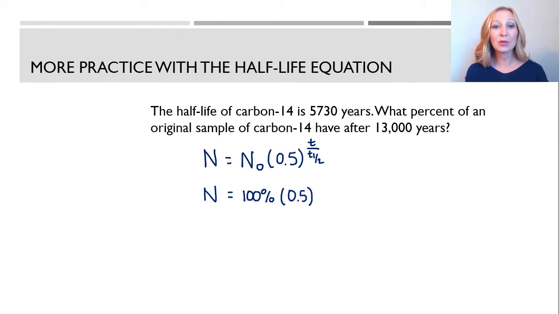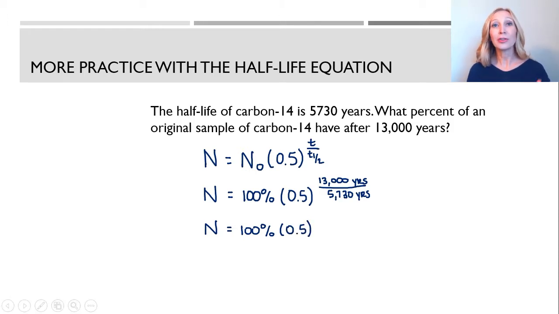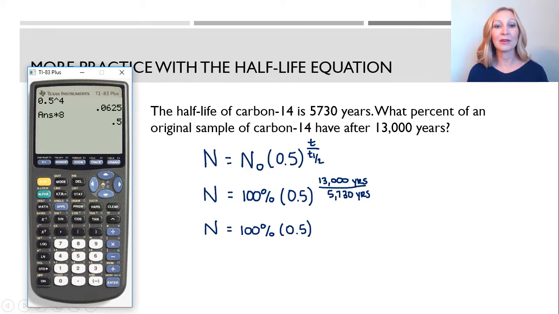So we have 13,000 years as the top of our fraction in the exponent, and the half-life is 5,730 years. So n is equal to 100% times 0.5 raised to the power of whatever 13,000 divided by 5,730 is equal to. Let's type that into a calculator.